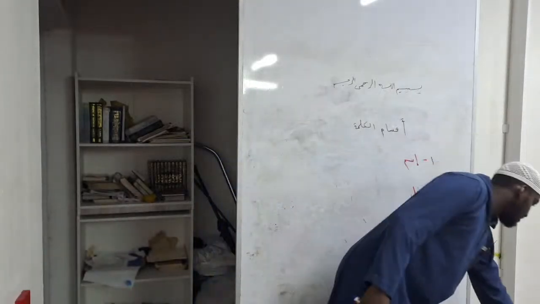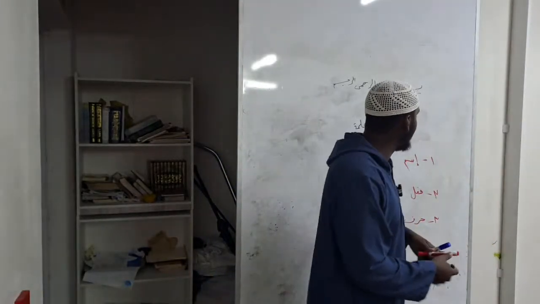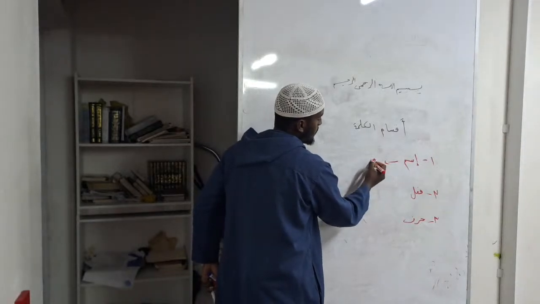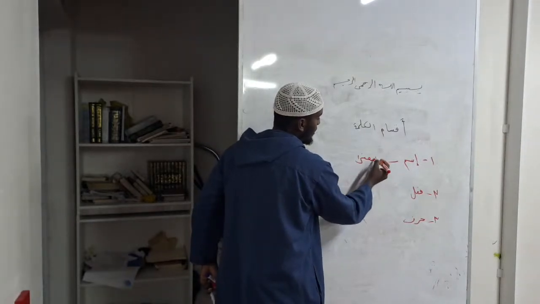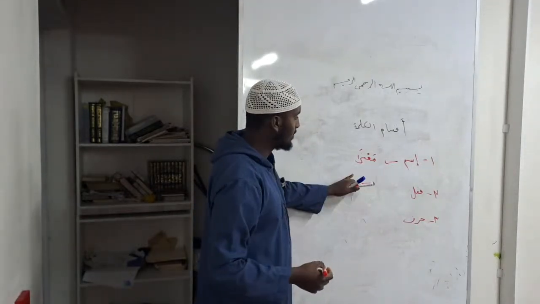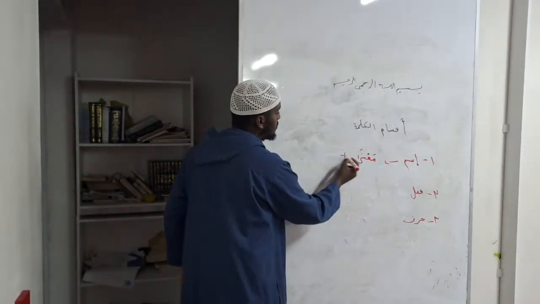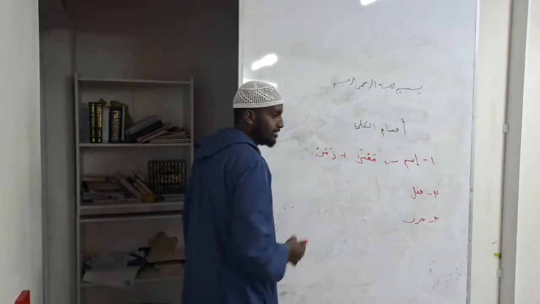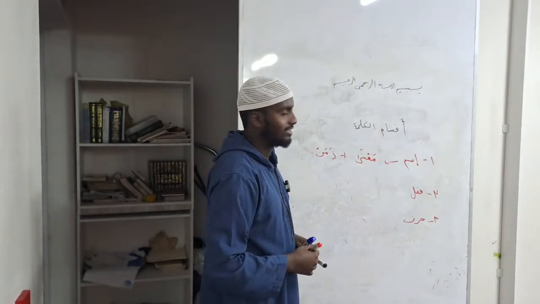So, in the page I have it in English, I write it in Arabic. So, the ism has ma'na. Ma'na means meaning. If there's a ma'na, and that ma'na is connected to zaman. What is zaman? Time.